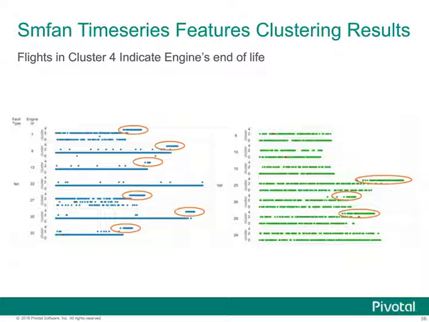And it seems like, for this particular example, flights that ended up in cluster 4 indicated that the engine was nearing end of life. So this could be very useful in terms of scheduling maintenance or repairs, or even retiring an engine.